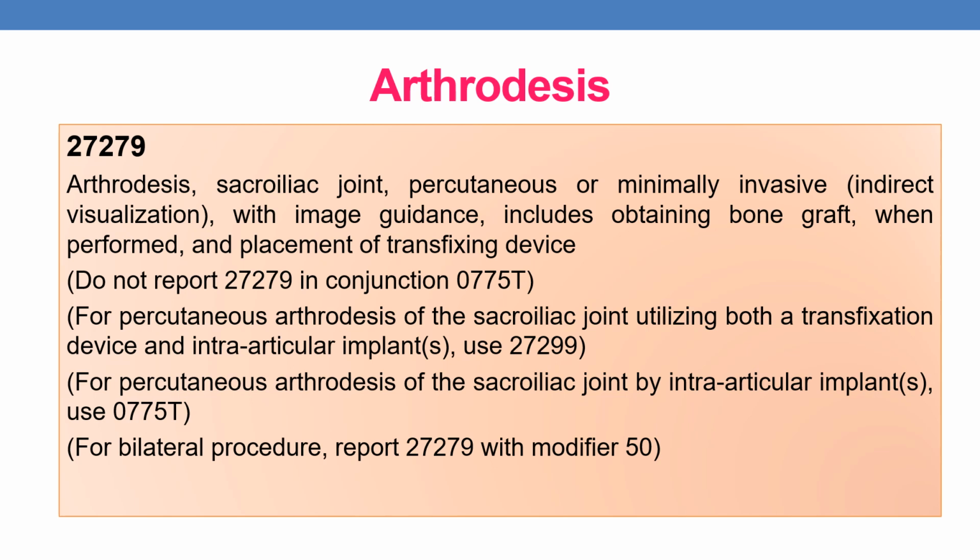And for percutaneous arthrodesis of sacroiliac joint utilizing both a transfixation device and intra-articular implant, the CPT is 27299. And for percutaneous arthrodesis of sacroiliac joint by intra-articular implant only, then you need to report 0775T. And for bilateral procedure, report 27279 with modifier 50.